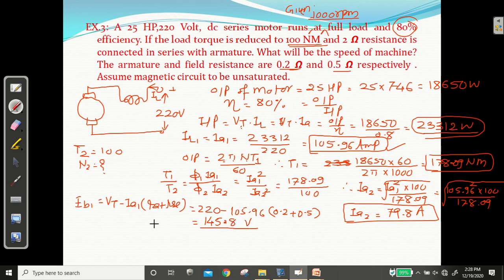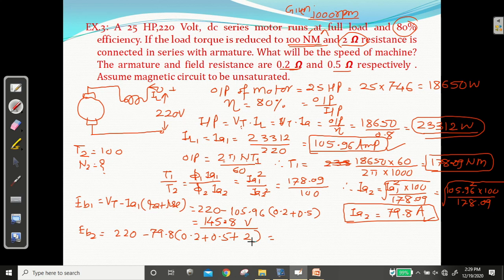That is EB1. Similarly, EB2 equal to what? VT, how much is VT? 220 minus IA2, I have calculated IA2 is 79.8, into RA plus RSC, 0.2 plus 0.5, plus you are inserting some resistance. Look, this 2 ohm resistance, plus 2.